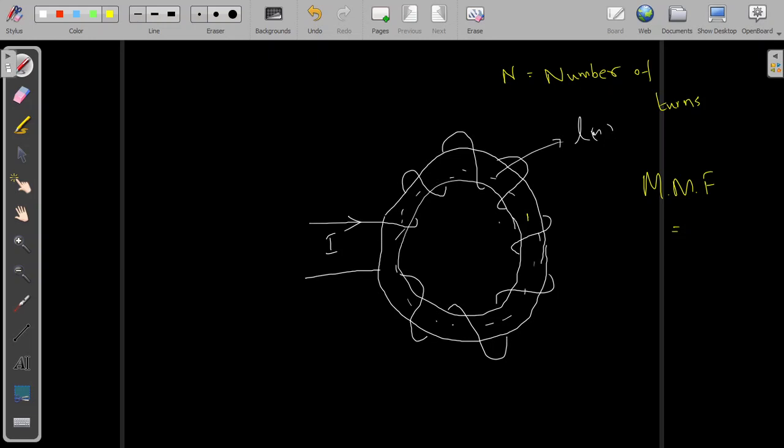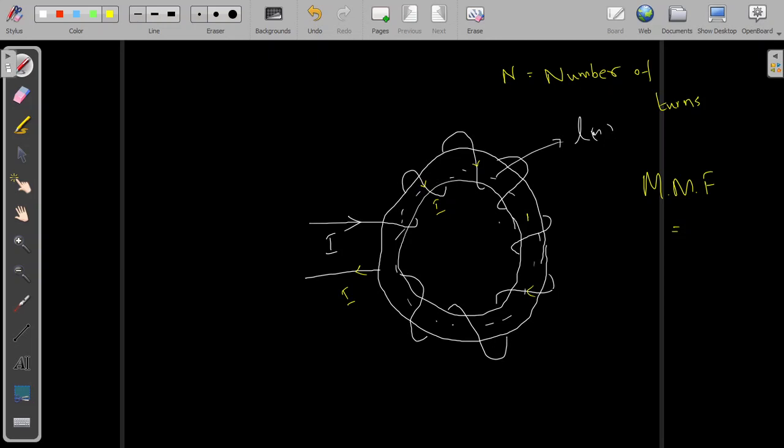That means I flows in here, goes around from here to here, and then in this direction, and out of the toroid like this.